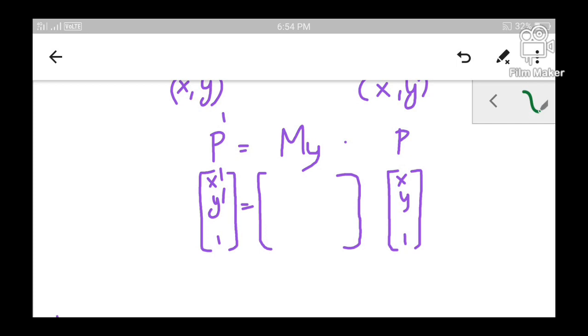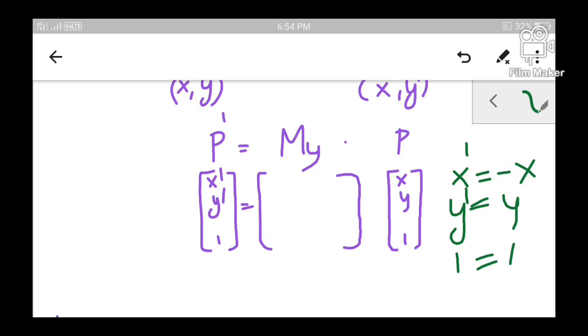So this time I want the equations like this: x dash equal to minus x, y dash equal to y. These are the two equations which I want, and the last equation is 1 equal to 1.